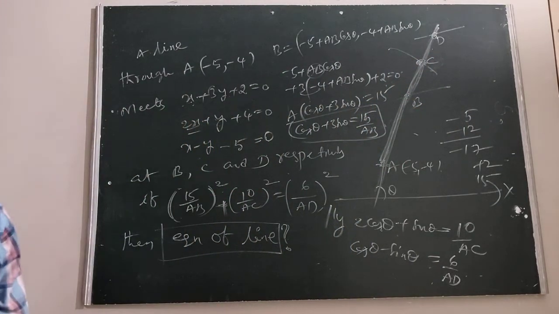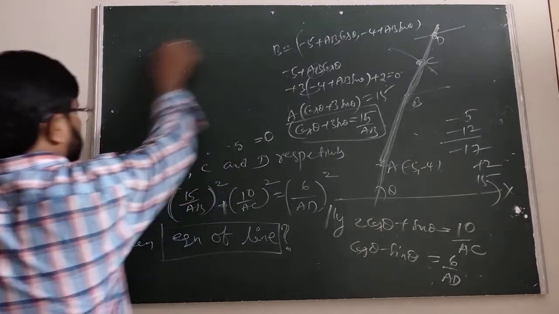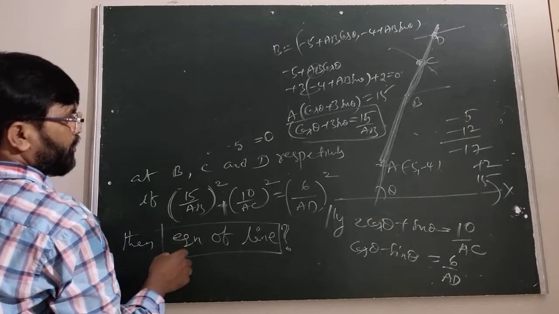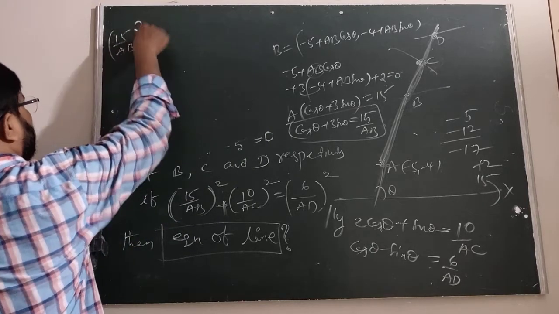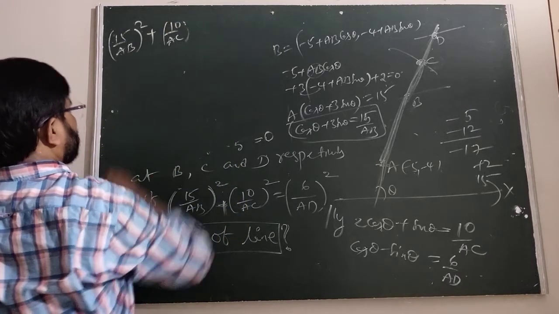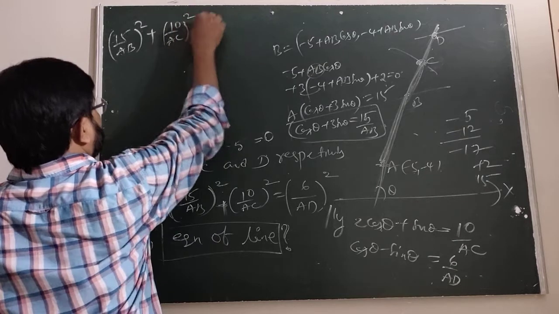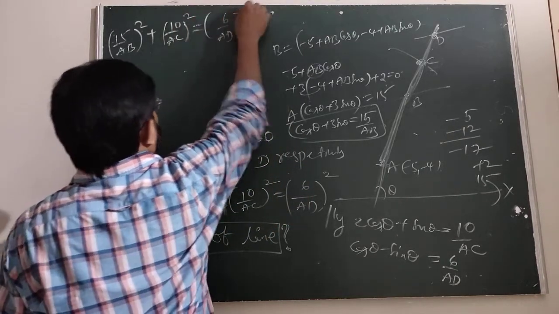Now we are given that 15 by AB whole square. What is the condition given? 15 by AB whole square plus 10 by AC whole square is given as 6 by AD whole square.